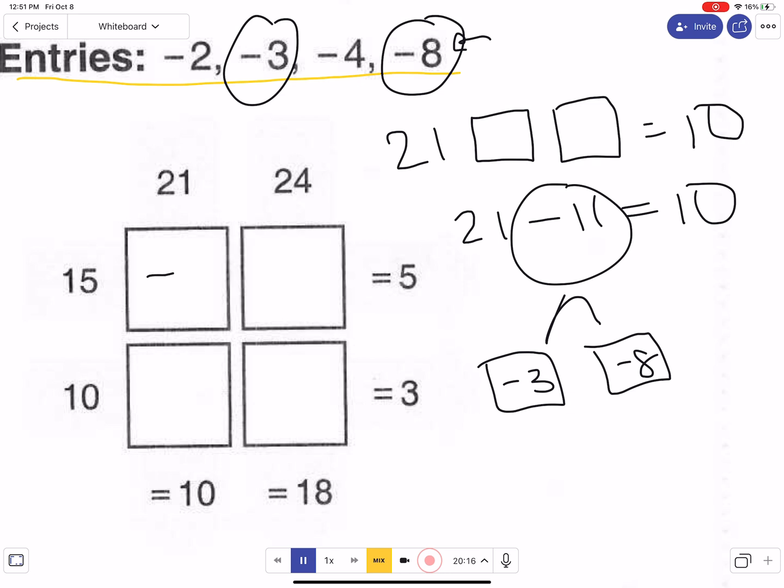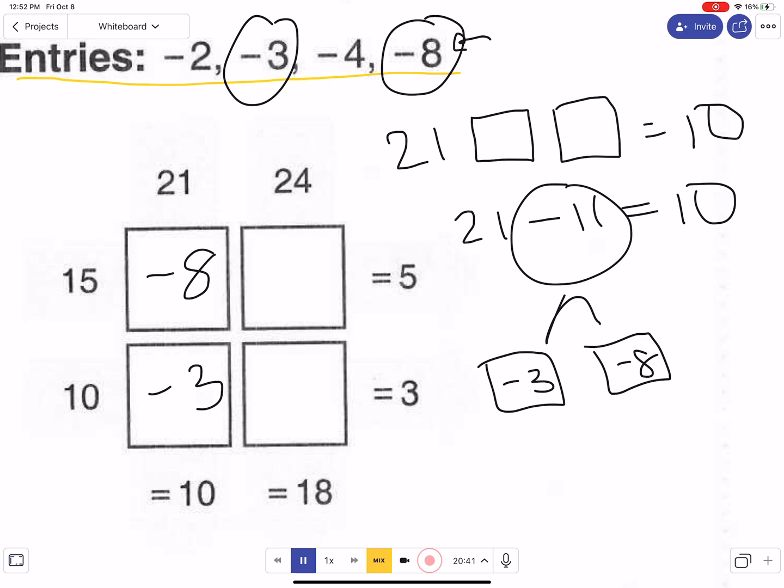So usually we'd subtract like this. So this is where our entries would go. Because if we put -3 here, that would be 12. And to get from 12 to 5, there's no -7 over here. So that wouldn't be correct.